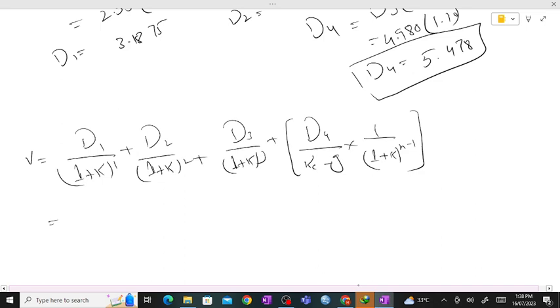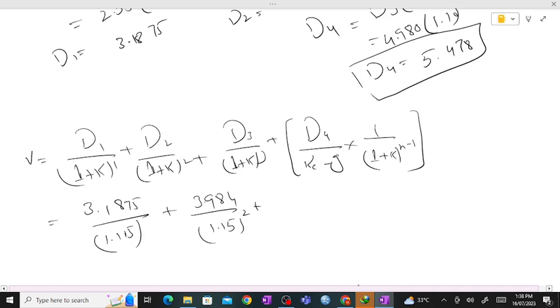D1 we have 3.1875, 1 plus K we have 1.15. Then plus D2, we have 3.984 divided by 1.15 power 2.